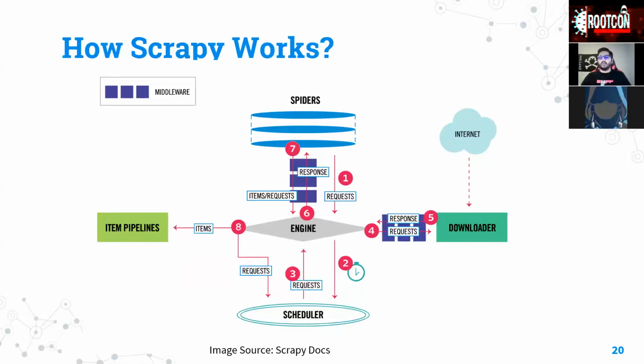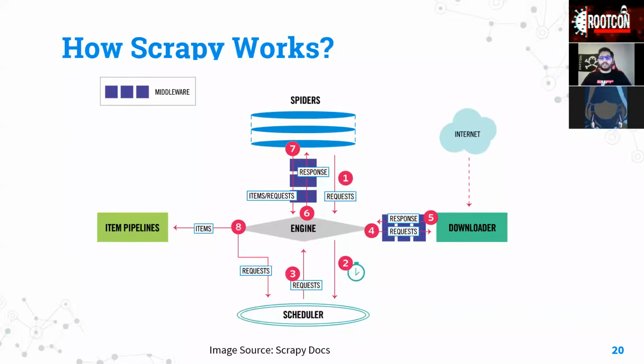Now the downloader just gets the HTML page from the dark web, and it sends it back to your Spider. Once you get the HTML page, you want specific things from it, either some table contents or some kind of text data. You get those HTML elements, which in Scrapy we call items, and then you send them to the item pipeline.